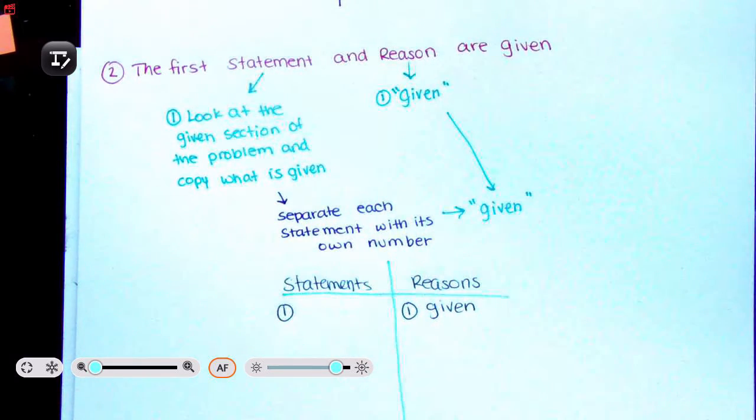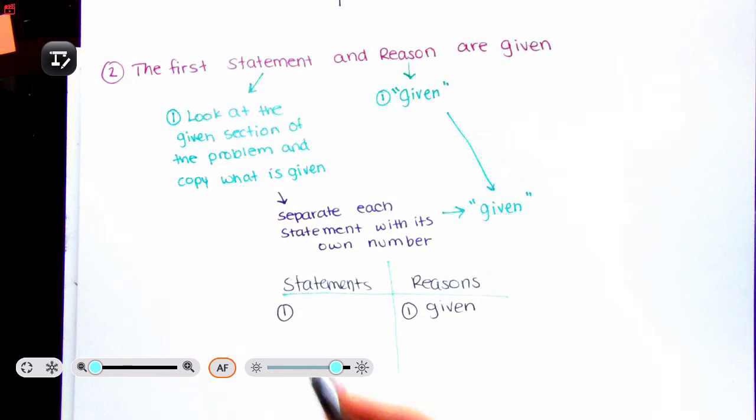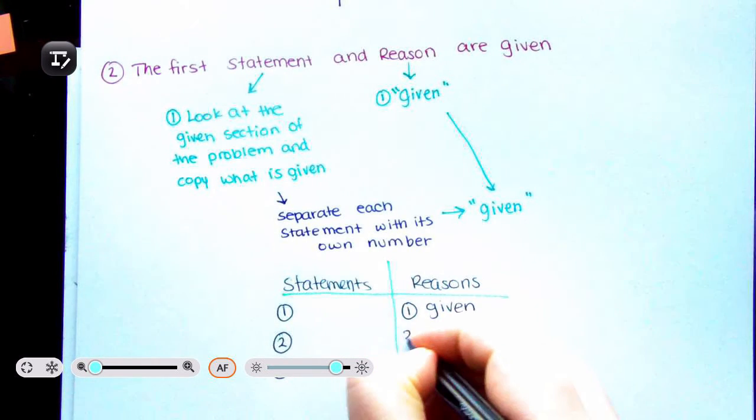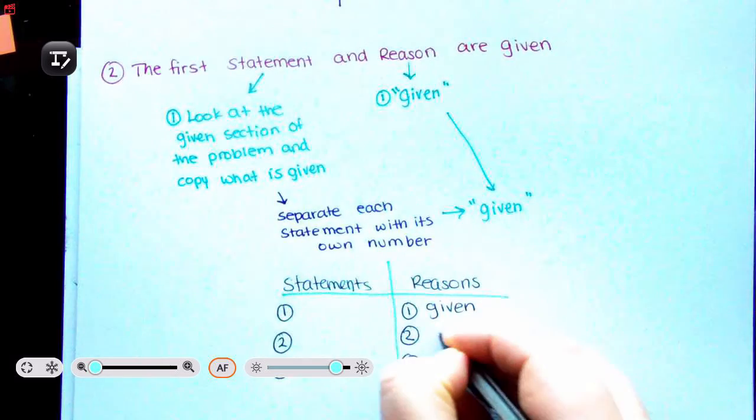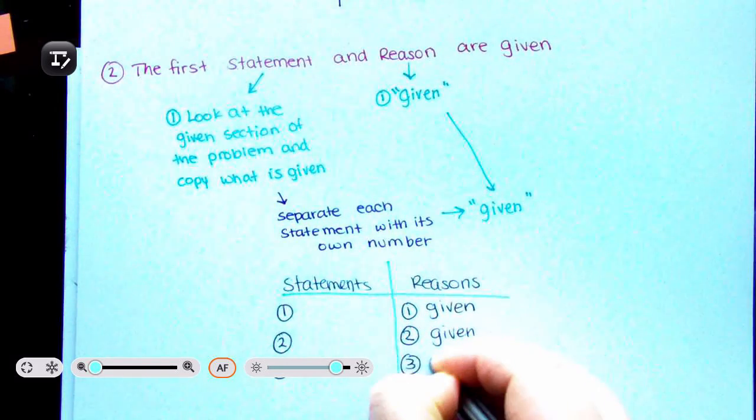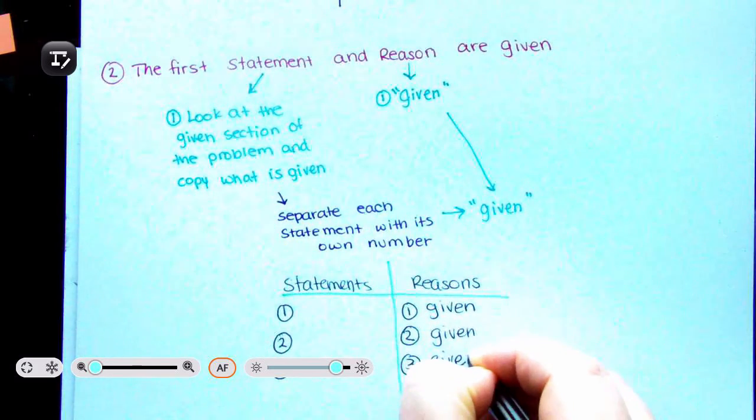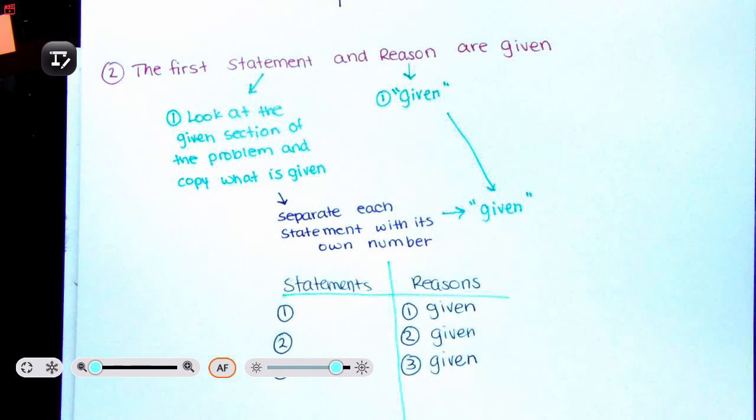If you have more than one statement, for example, if it is separated by a comma, you give it its own number. So you can have as many different givens as they give you. You cannot write given unless they tell you that information.